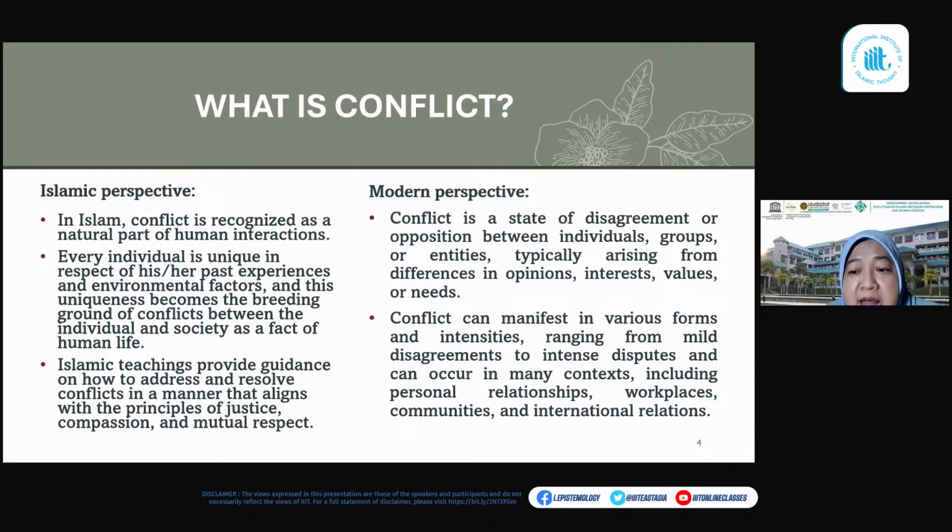But how should we help him if he is an oppressor?" The Prophet said, by preventing him from oppressing others. This is how Islam teaches us to resolve conflict. Help directly, cooperate directly with the oppressed, and we can also cooperate indirectly with the oppressor by preventing him from oppressing others.